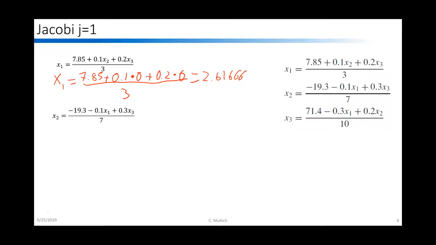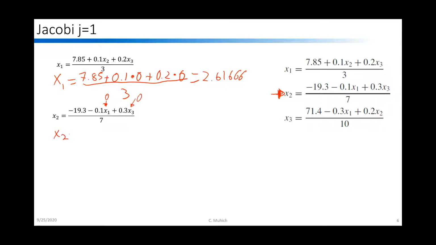I'm then ready to solve for x2. Here, I have my equation already set from earlier, but I need my x1 and x3. In the Jacobi method, x1 is still going to be 0 because we're using that old guess, and x3 is obviously still 0.